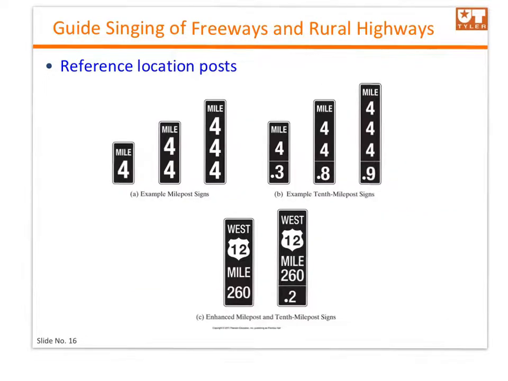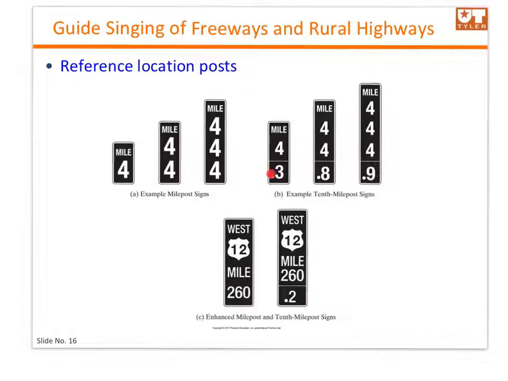What's the style that we use for reference location posts? As you can see, here are examples of milepost signs. We can have only mile number 4, or if the route is long, we can use 2 digits, and we can use all the way to 3 digits. Sometimes we even use tenth mileposts, like what we see in these 3 pictures here.